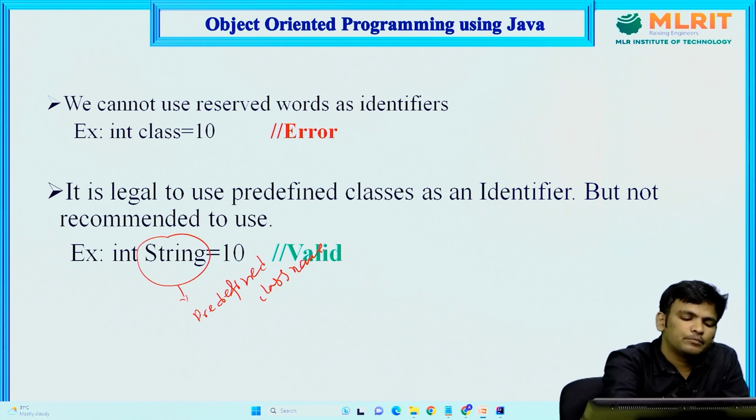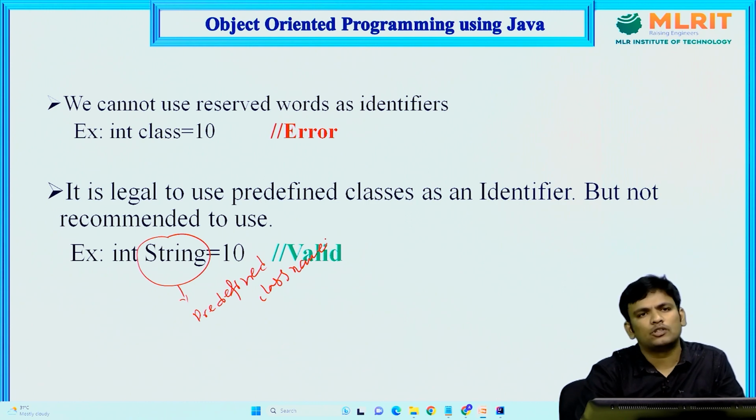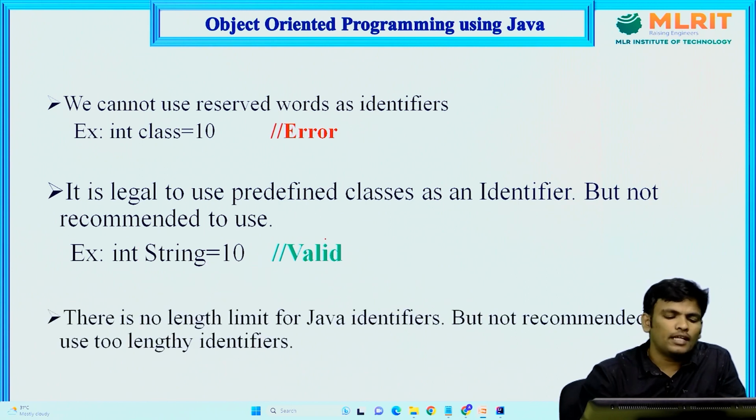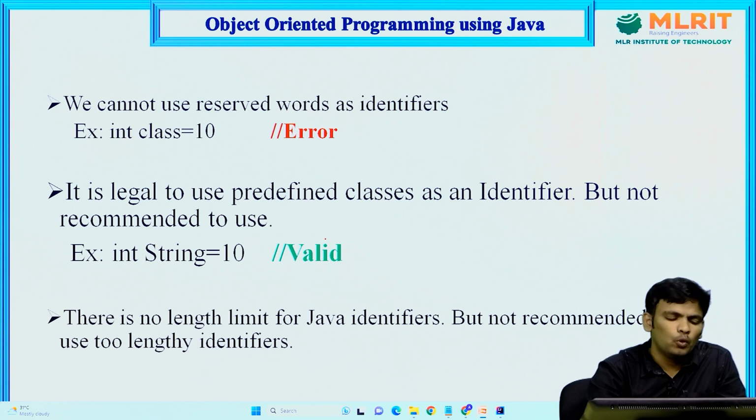We can use this predefined class name as an identifier, but it is not good programming practice. Why, I will explain programmatically. There is no length limit to define an identifier, but it is recommended to use small and meaningful names. Too lengthy identifiers are not recommended.